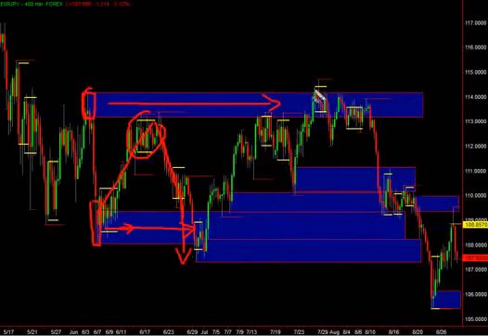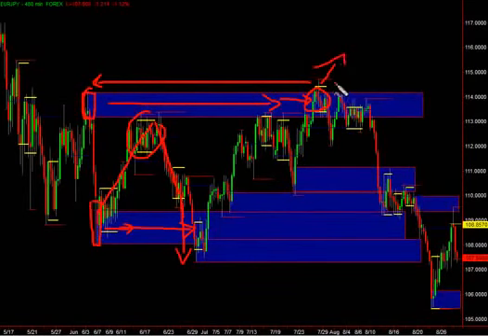Now when price gets up to this location in real time, we don't know that price is going to reverse or continue, but what we do know is that previously, looking back across the chart, this is where something interesting happens. So it'd be fair to assume that something interesting could well happen again. Whether that's up or down at that location, only time will tell.